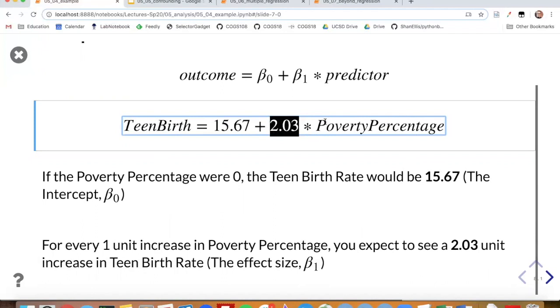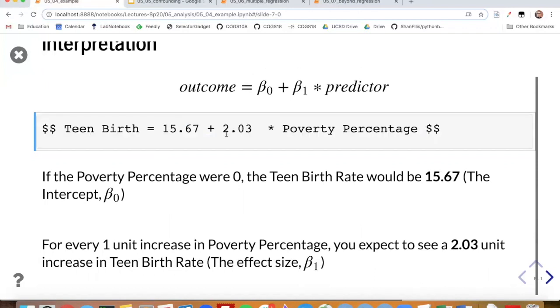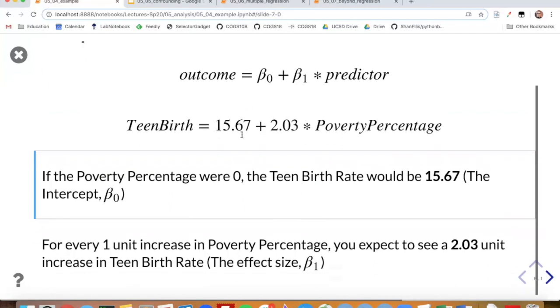Let me say that again. If poverty percentage increased from 2 to 3, you would expect teen birth rate to increase by 2.03 as determined by the beta 1. Okay, so beta 0, y-intercept, 2.03 here is your beta 1. That is your effect size, your slope. Tells you how much you would expect teen birth rate to increase given a 1 unit increase in your predictor.